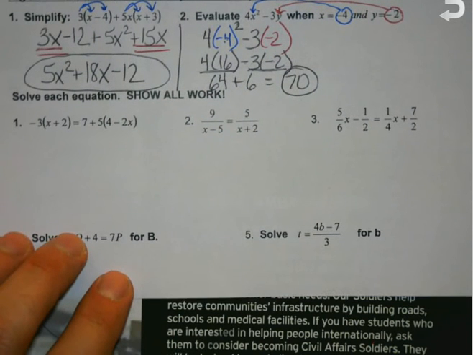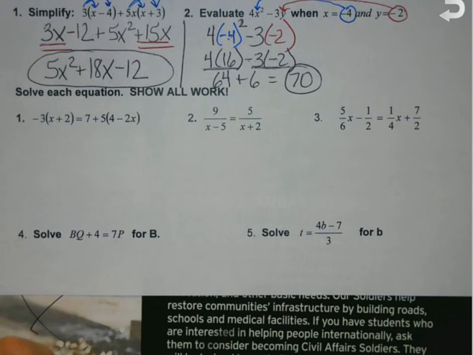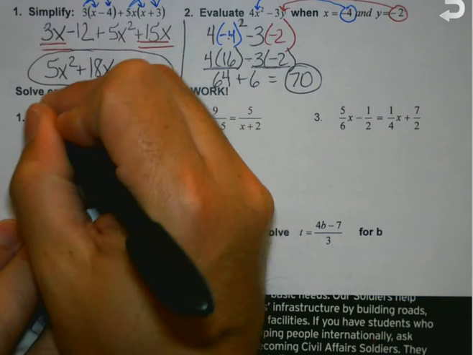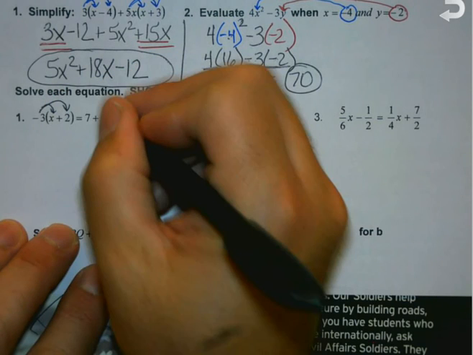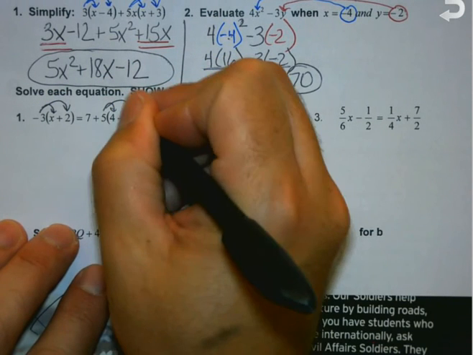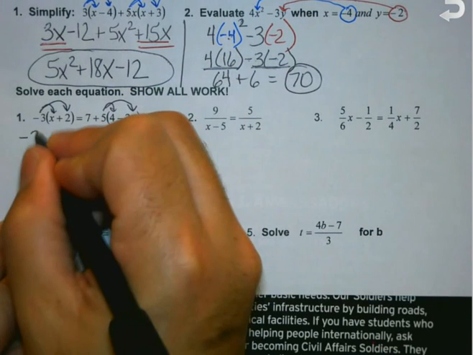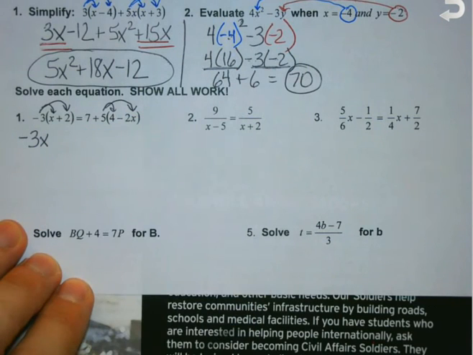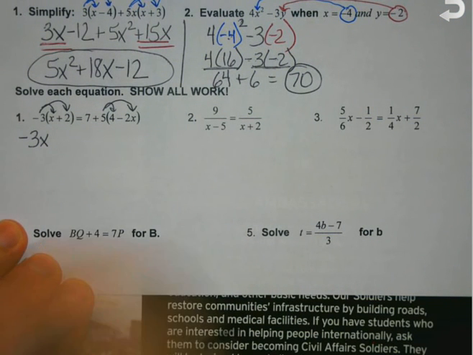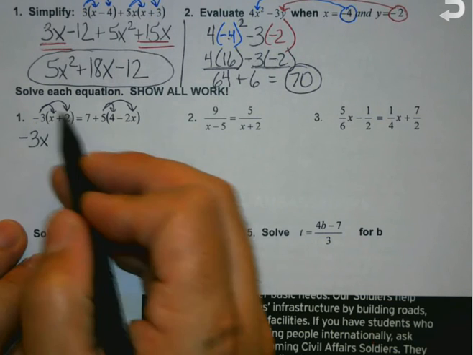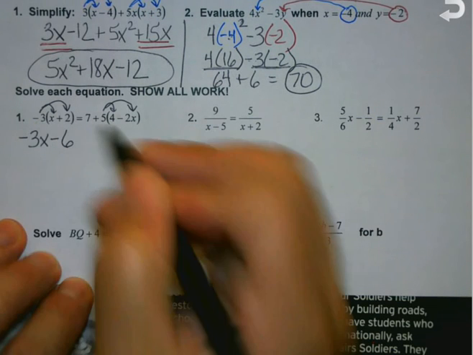Okay, solve the equation, show all work, at least show some. Because the more work you show me, if you do make a mistake, I do partial credit on things. So like, let's say, for instance, when you distributed this, instead of making it minus 6, which is what it should be, you make it plus 6.